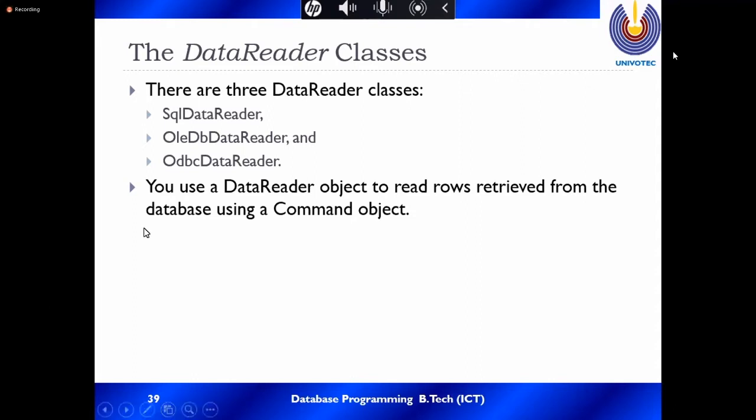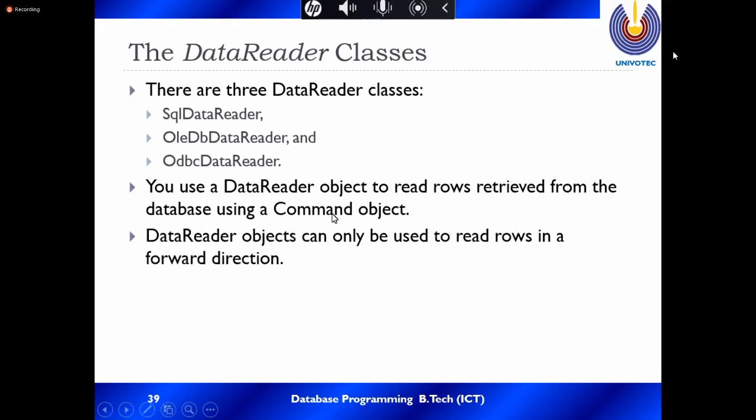You use the DataReader object to read the rows retrieved from the database using the command object. We need the command through the command object. You can read the records. That's why you need the DataReader object to read the record rows.